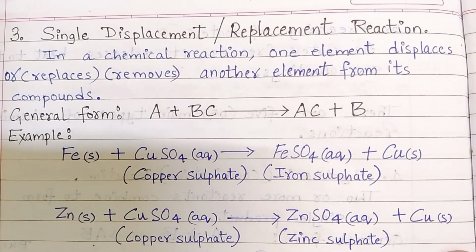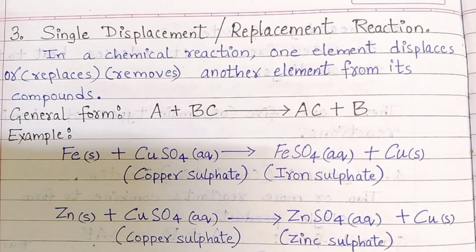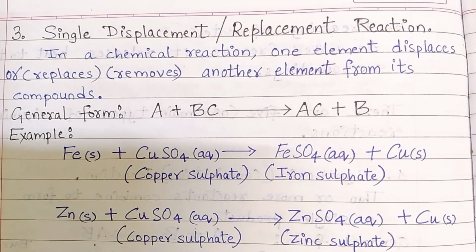Here in types of chemical reactions, there are 5 types in total.